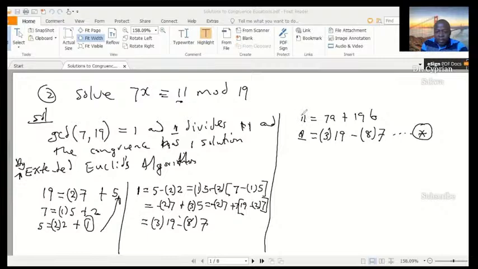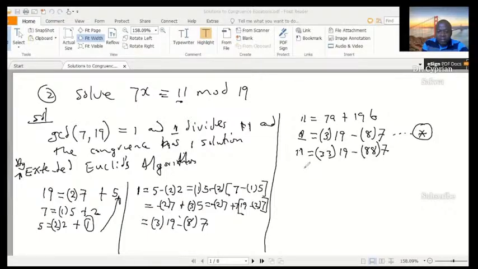Now, what we want is 11, so we multiply this equation by 11. So 11 is equal to 3 times 11, which is 33, times 19, minus 8 times 11, which is 88, times 7.